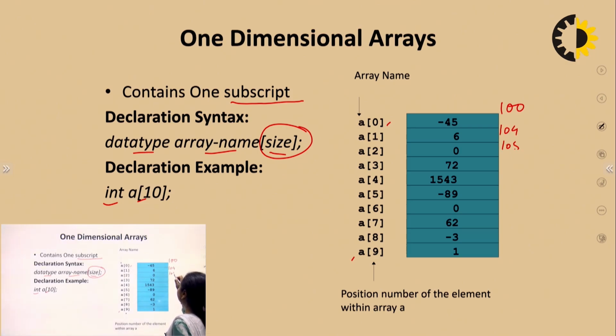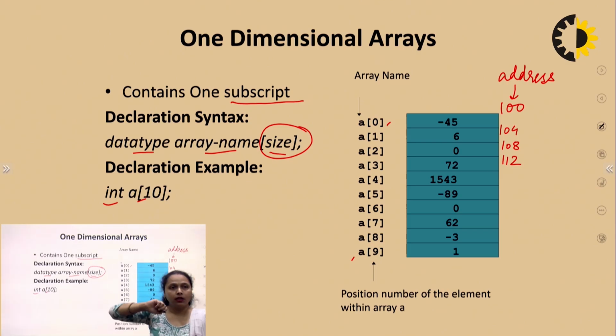Next will be stored at 108. Next will be stored at 112. This is the address part in memory. Means in a proper sequence. That is the meaning of contiguous memory allocation. So this is the property of an array, that whenever we want to store data in an array, all the elements are stored in a proper sequence, in continuation. There must not be any gap between them.